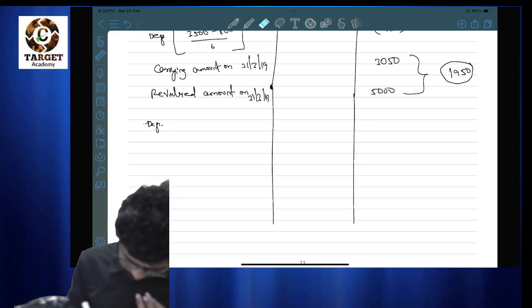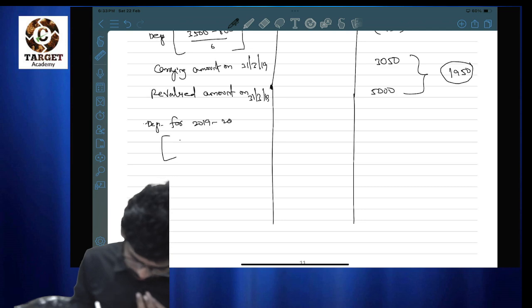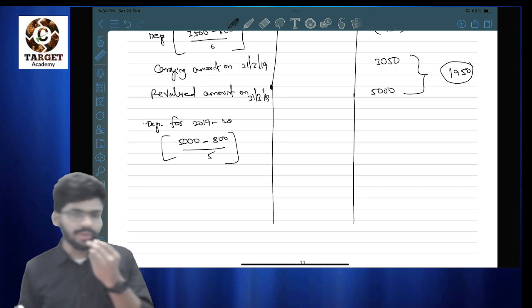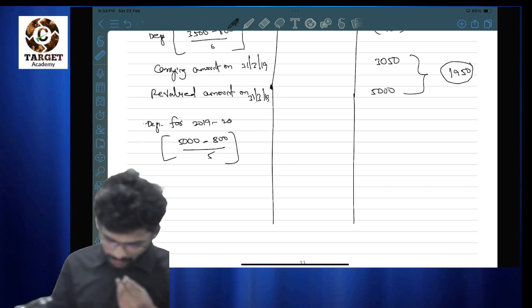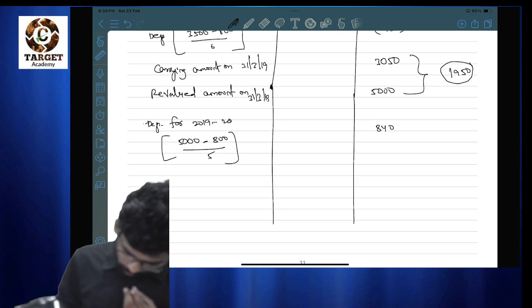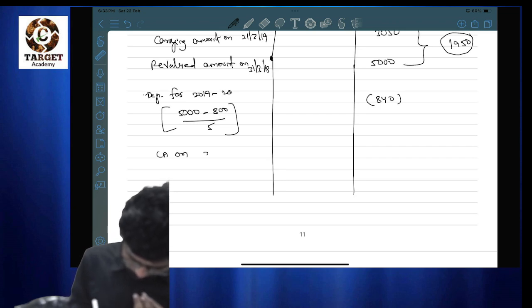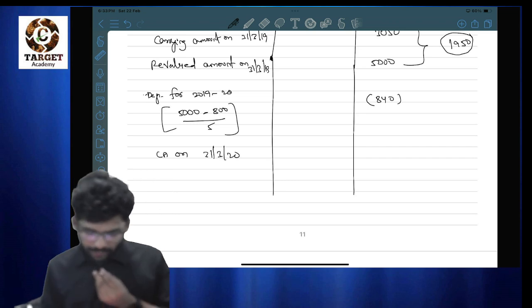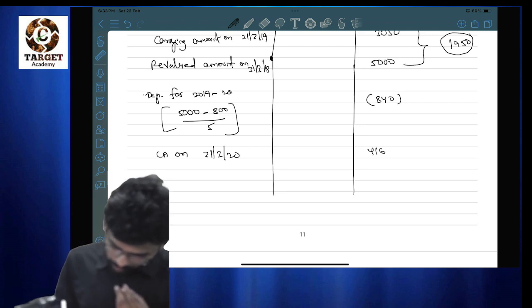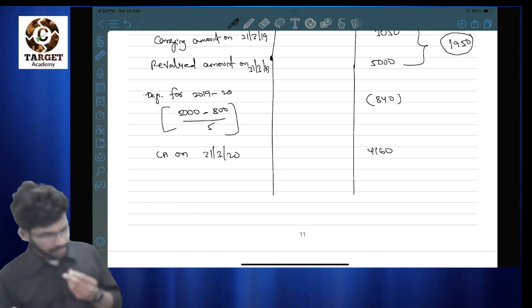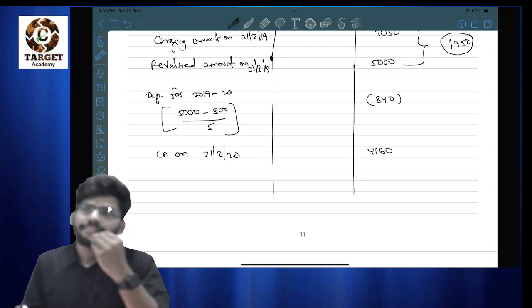Depreciation for 2019-20: 5,000 minus residual value 800, divided by 5 years. How much? 840. What is the balance? Carrying amount on 31st March 2020, how much? 4,160.